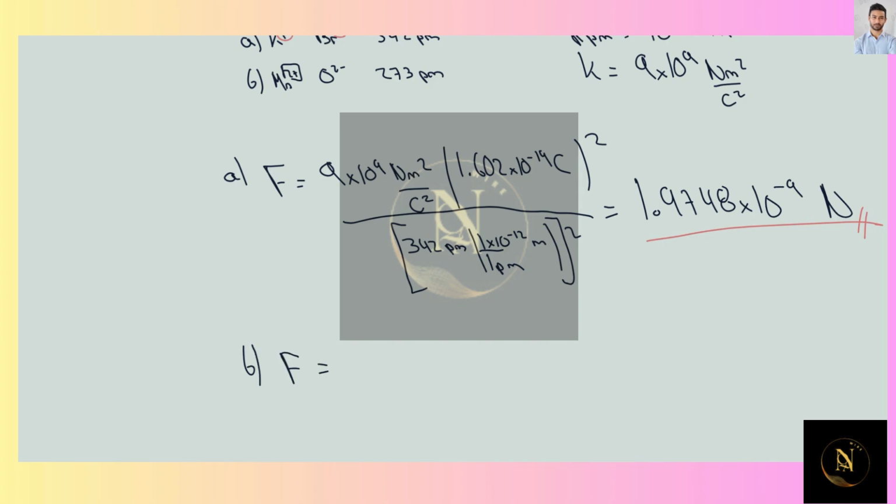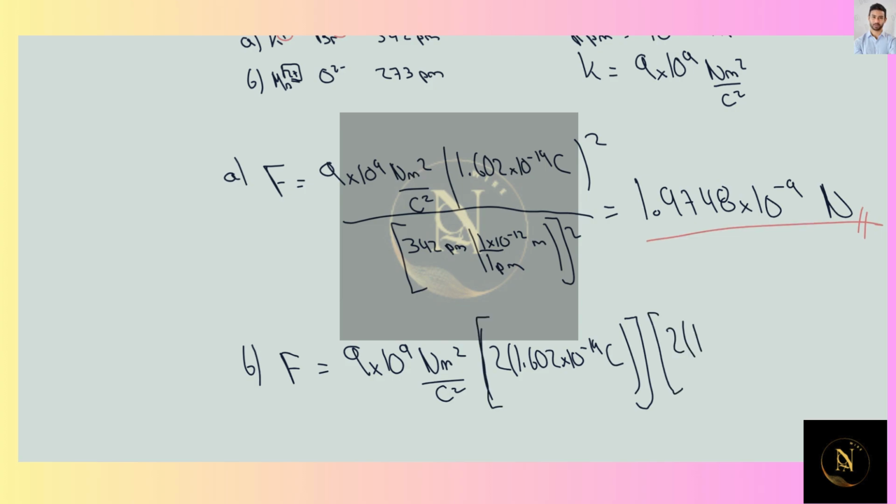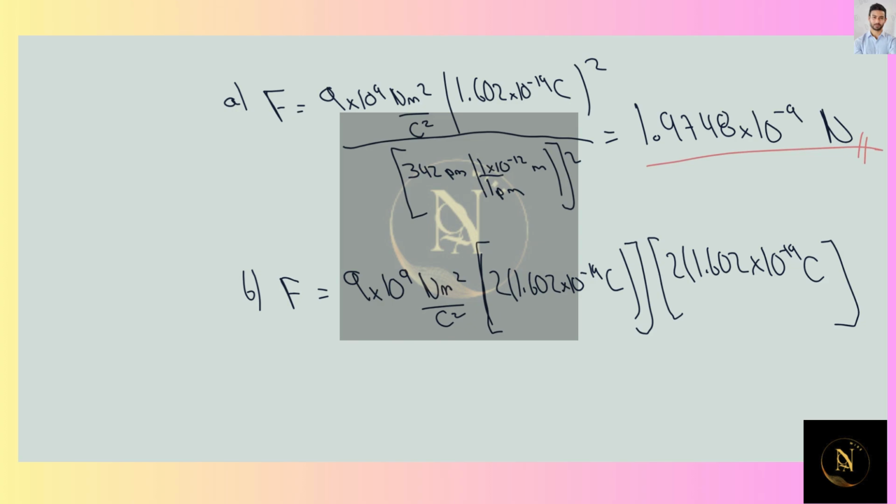So for system B, the force corresponds to Coulomb's constant times 2 times the charge of the electron corresponding to manganese, and the same value corresponding to the minus 2, over the distance of 273 picometers, with the same consideration as mentioned before.